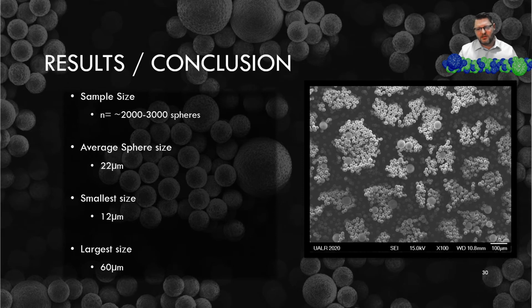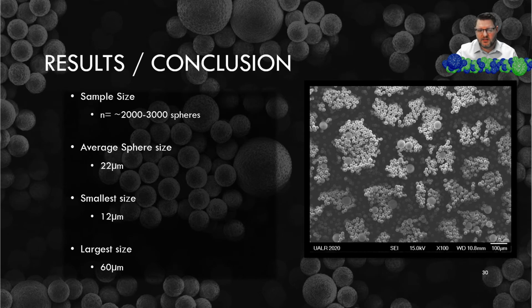Again, there's probably several that are deep that we can't see, but the average sphere size is 22 microns, which aligns near exact with where the Sirtex package insert says. The smallest one that I found in this image was 12 microns. It was kind of busted and ruptured, and only one was that size. But the largest I found was 60, which again is right in line with the package insert.